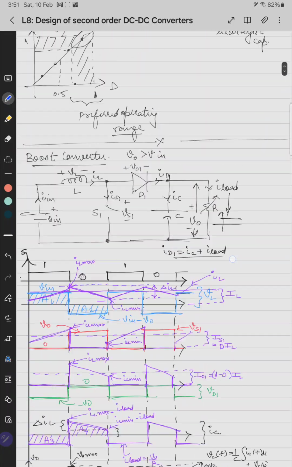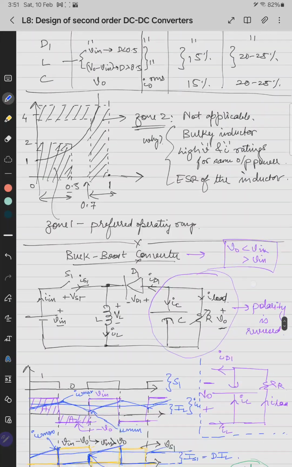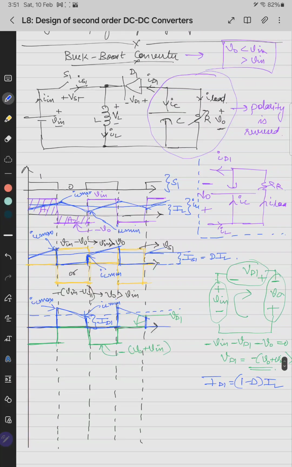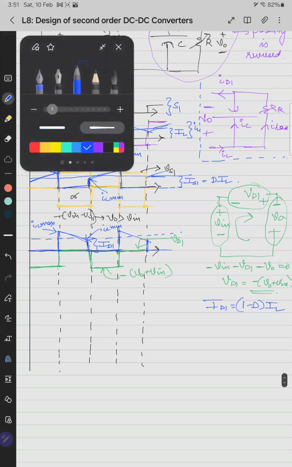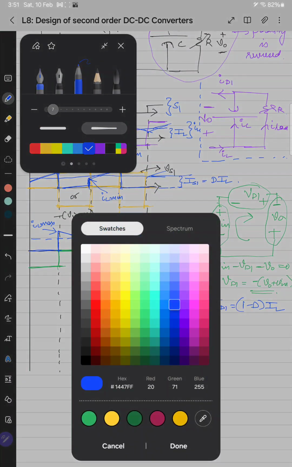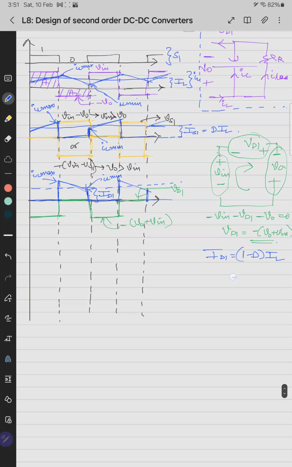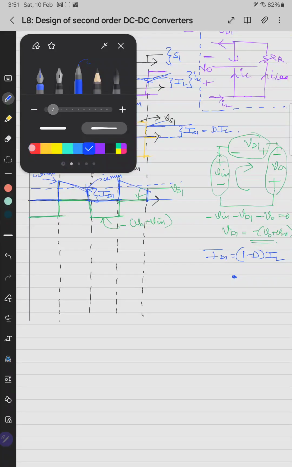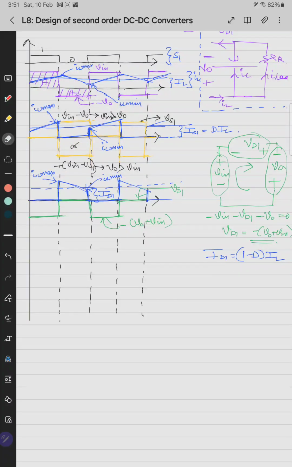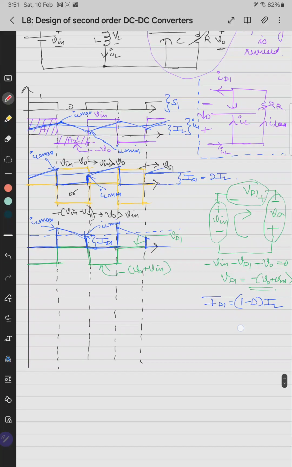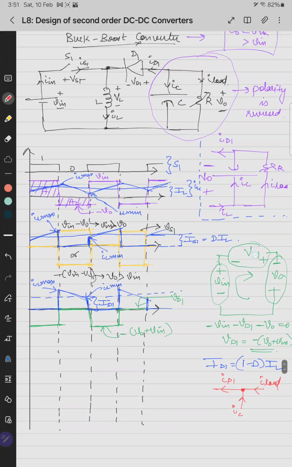Now we'll go to the last element, that is the capacitor. We'll see where the load is placed. If you apply KVL, so what we'll get is the nodal analysis will be like this. So at this node, this is ID1 current, this is IC current, and this is I load current.